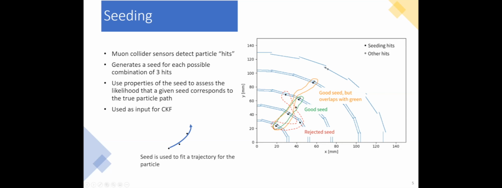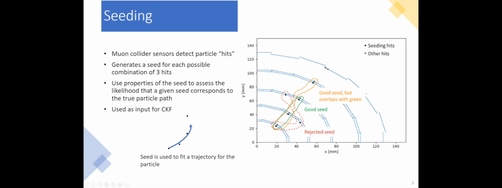It would make sense that the particle moved through the layers of the sensors in this way. But you can see this rejected seed in red. That's a bad seed because that amount of curvature is not physical. There would be a little bit of curvature just because there's a magnetic field in the collider, but it's too much to be a good seed.